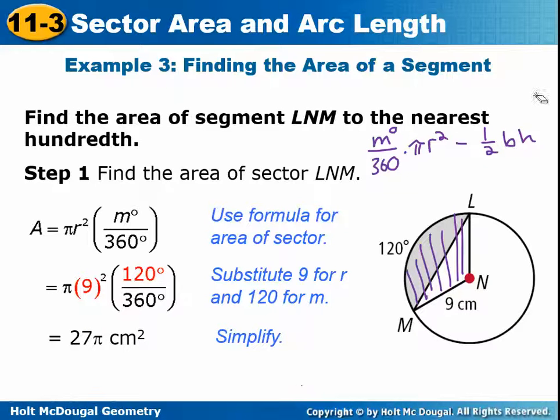Now the area of the triangle, let's look at this. We know that we have 9 centimeters here. This is also 9 because both radii are the same. And this is 120. If we need the height of this triangle, which is right here, because this is an isosceles triangle, I know that to find that height it's going to be cutting this angle in half.